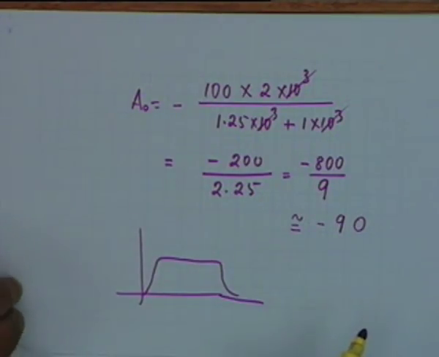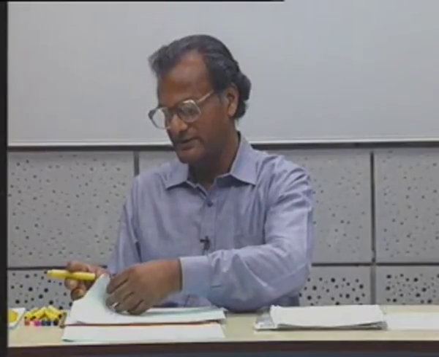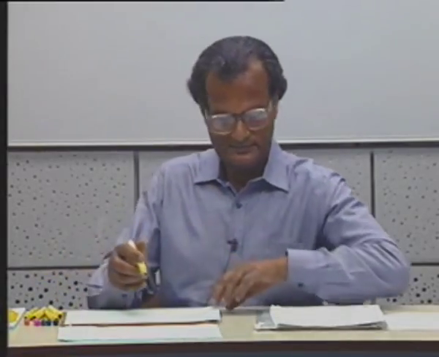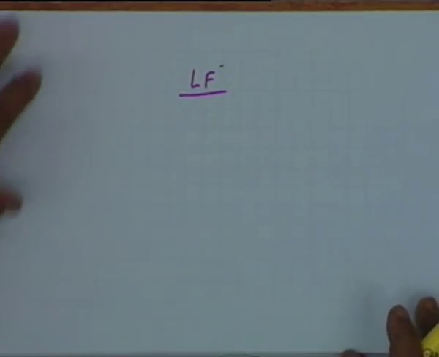All right. Let us look at the low frequency situation. What happens at low frequencies? At low frequencies, the internal capacitances of the transistor can be ignored, but the coupling capacitances must be taken into account, and also the bypass capacitance.